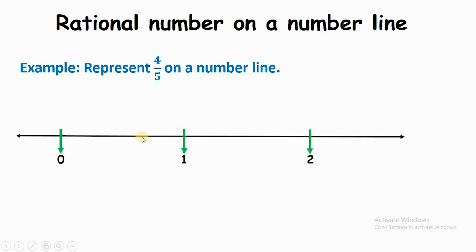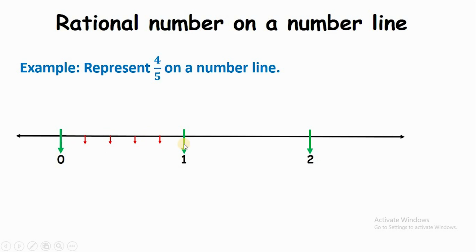Now how to represent it here between 0 and 1? First thing is you'll check the denominator. Here the denominator is 5, so we'll divide this line into 5 equal parts: 1, 2, 3, 4 and 5.